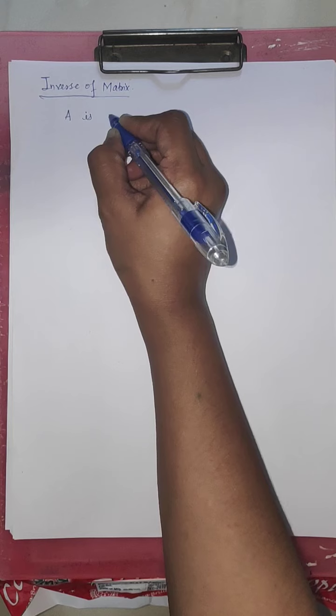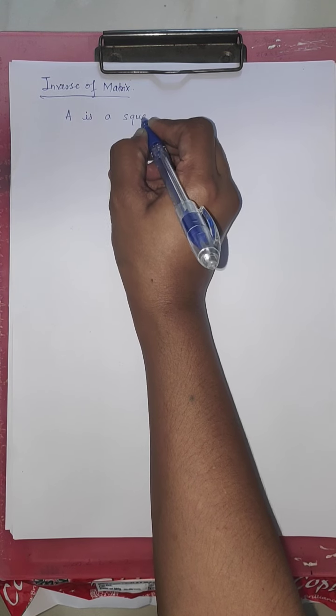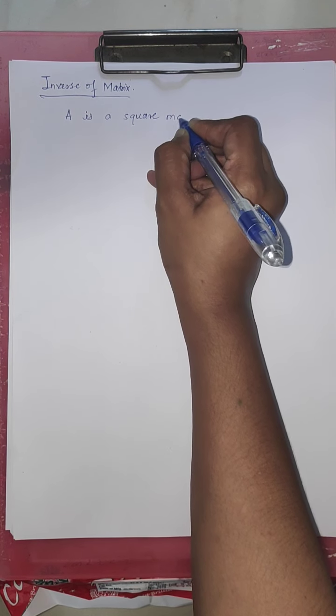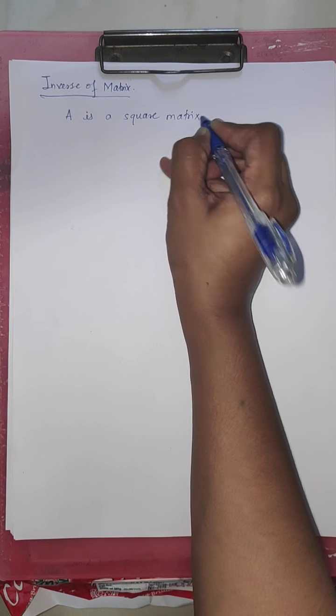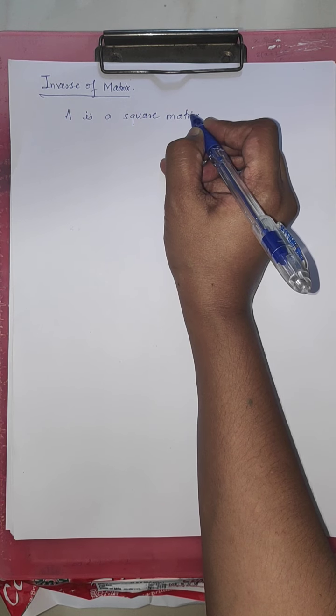If A is a square matrix, be clear that inverse is possible only for a square matrix.